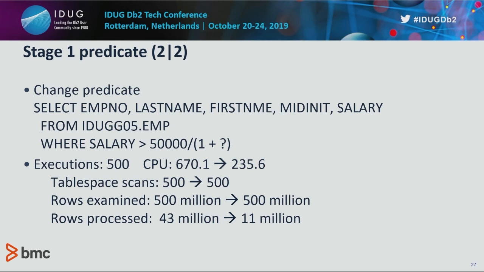That reflects better filtering at the stage 1 level. You went from 43 million to 11 million, and there's a corresponding drop in CPU, down from 11 minutes to a little less than 4 minutes. So a big improvement there, as you can see with the statistics that are being maintained in the cache.